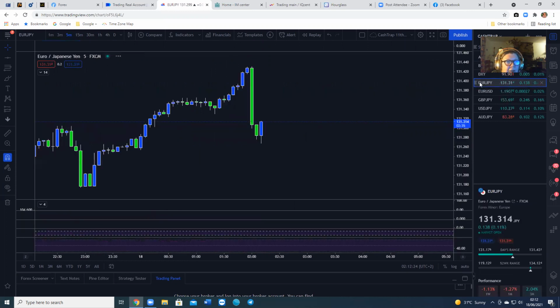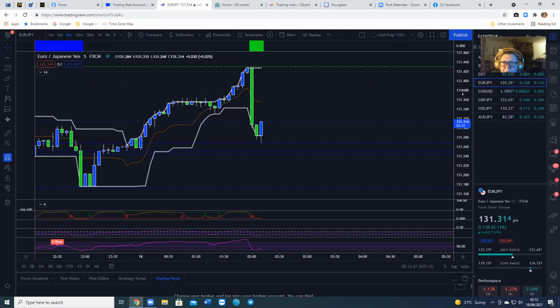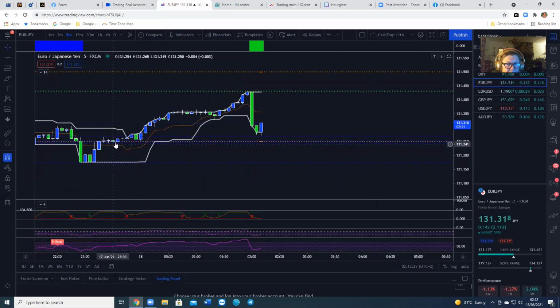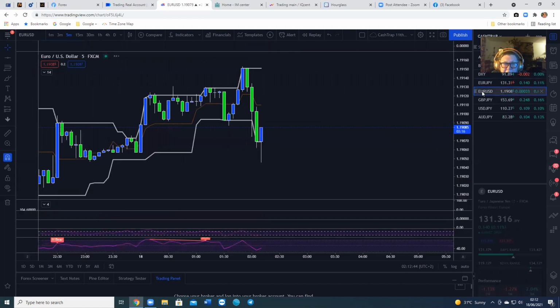Euro JPY on the 5-minute, strong candle down. It's used that level at 270. Euro USD.